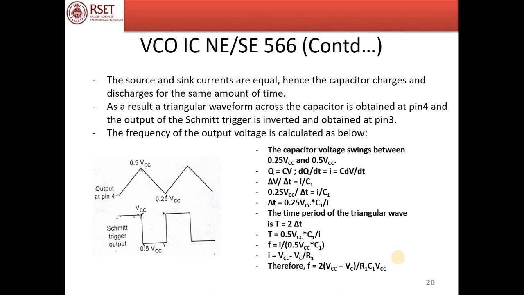So now we saw that the frequency is dependent on the modulating voltage VC. Now we can see how the frequency is controlled by the modulating voltage or control voltage VC, and this is the equation for frequency.